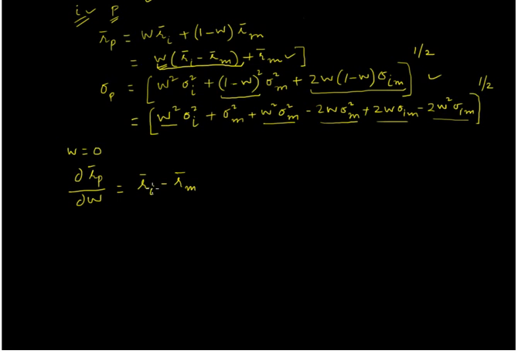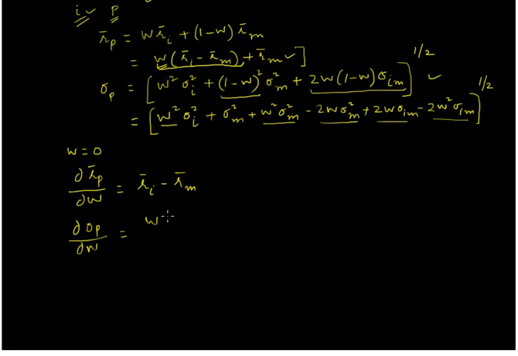We can also do the same thing for the risk item. What is going to be the change in the standard deviation of the portfolio? So we can take the partial derivative of the standard deviation of the portfolio with respect to W. And we had done this before in a previous video, so I'm going to leave that to you as practice. I'm just going to give you the final result here. You should do it yourself and check that you get this.